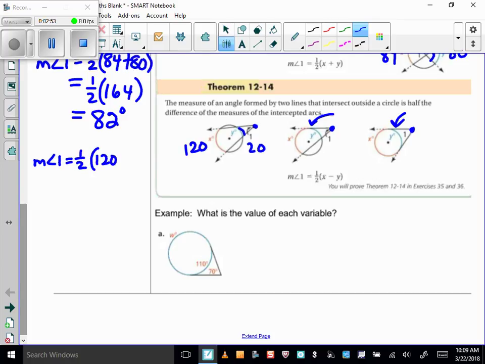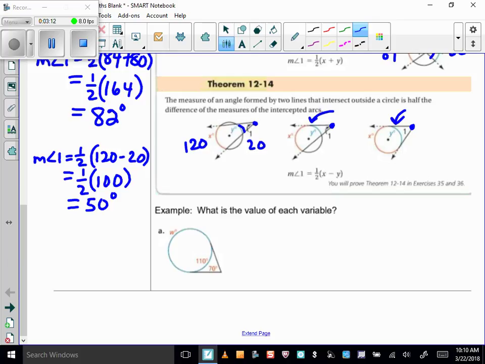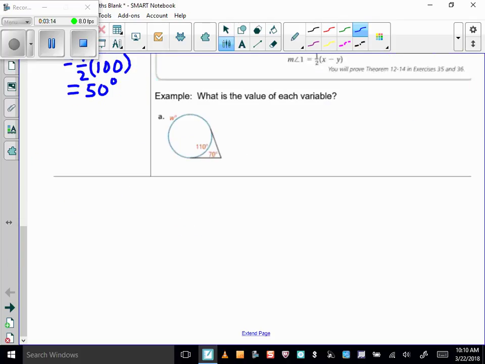And of course I'm going to take the larger one minus the smaller one. So that would be 1/2 of 100. So the measure of that angle 1 there would be 50 degrees. And it doesn't really look like it's that large, but as you know, I made those numbers up just for demonstration purposes.